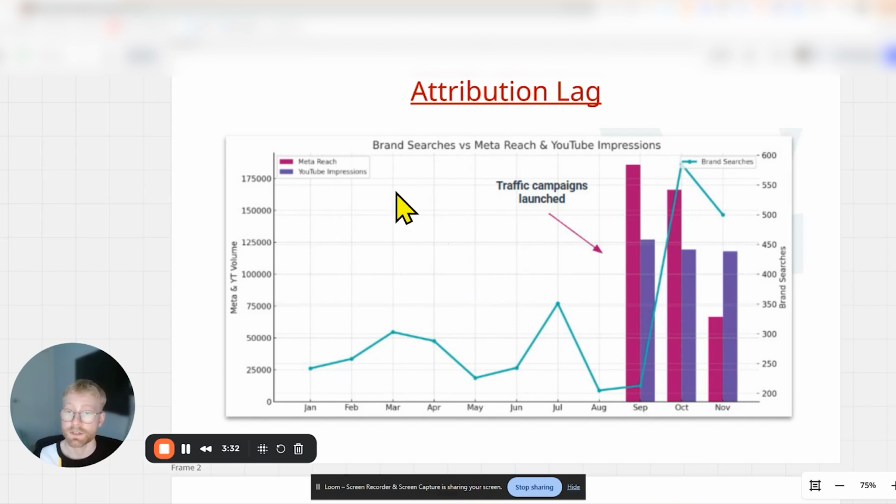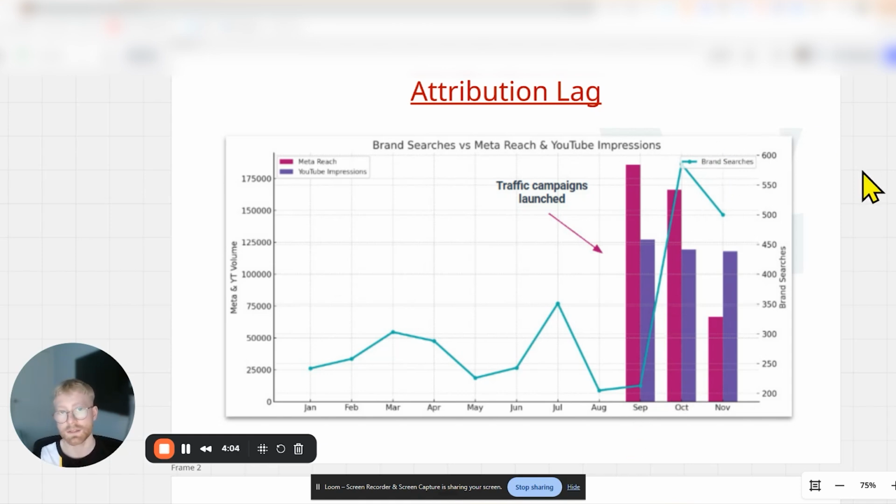And you can see, right? Reach and impressions on Meta and YouTube, and the green, aqua line is brand searches, right? Brand searches was roughly around here, and then as soon as we increased spend on these 2 channels and introduced more traffic and brand awareness campaigns into the marketing mix, you see brand searches just skyrocket, right?